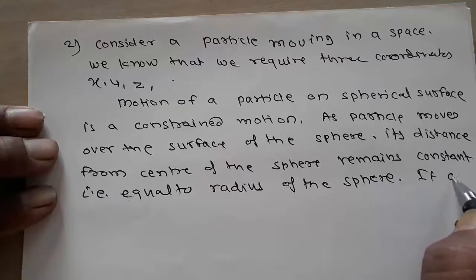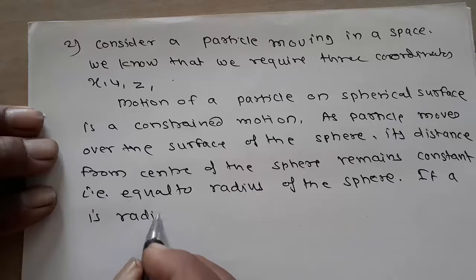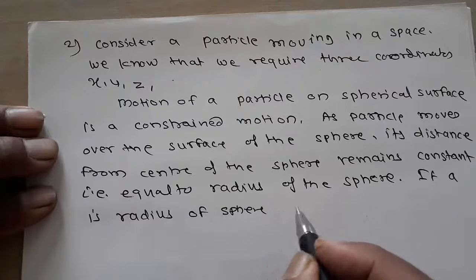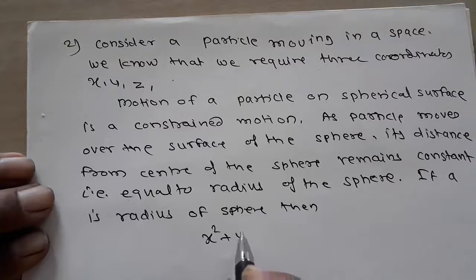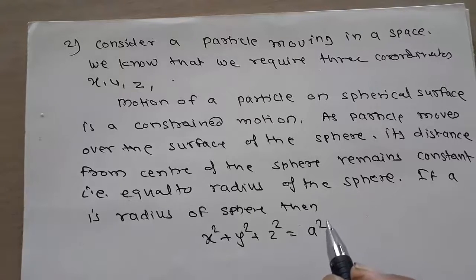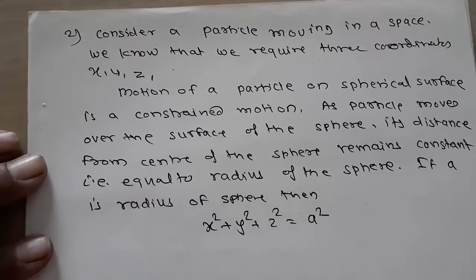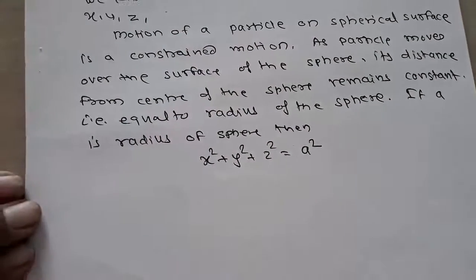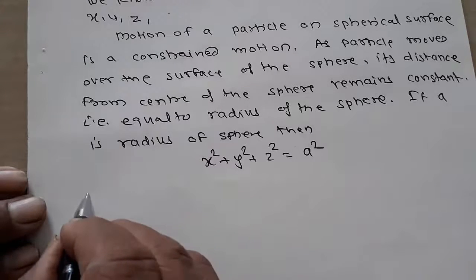If a is the radius of the sphere, then x square plus y square plus z square equal to a square.